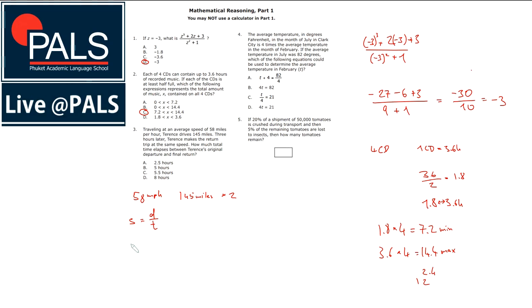Now we're looking for the time, so we rearrange for time, which is distance divided by speed. Our distance traveled is 2 times 145 miles, which is 290 miles, divided by 58.